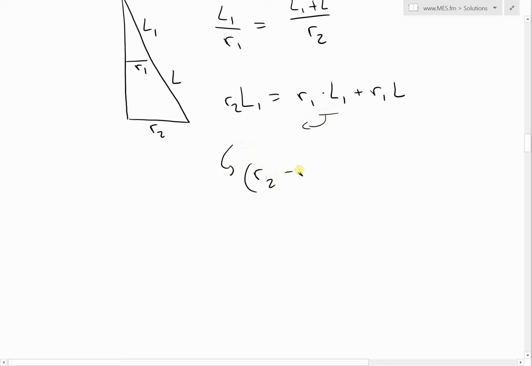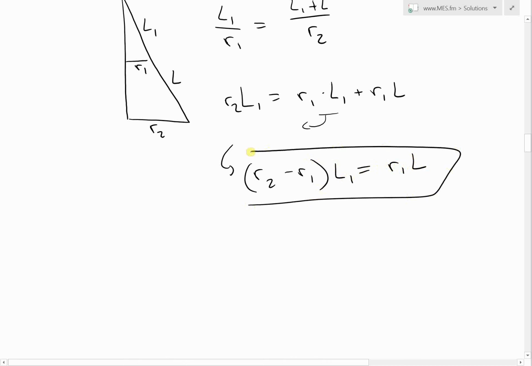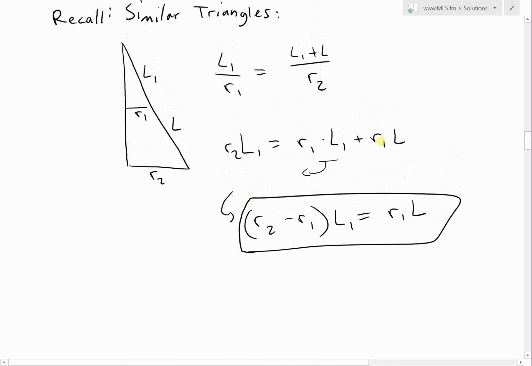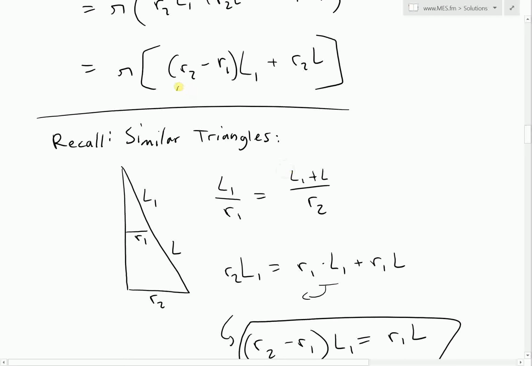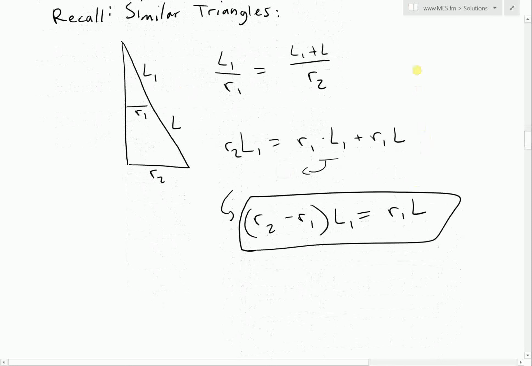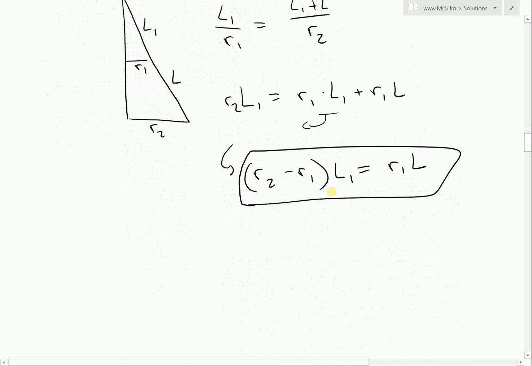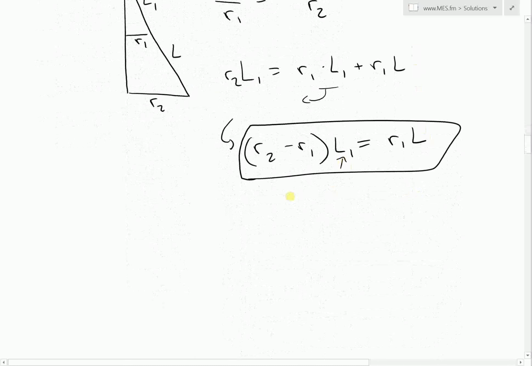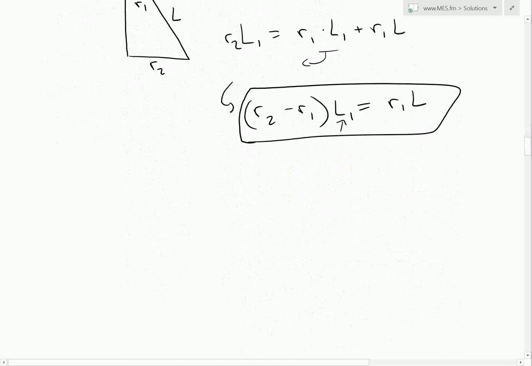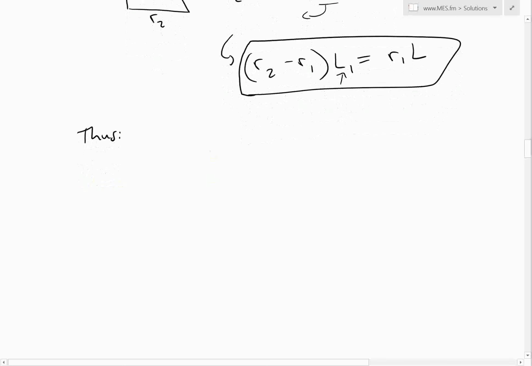So we get R2 minus R1, because we're subtracting, taking out L1 like that, equals R1 times L. So there is this part here. Now we can just plug this part back inside. So all we're dealing with is R1 and L. So we got rid of this one here, so we don't need to deal with that variable.